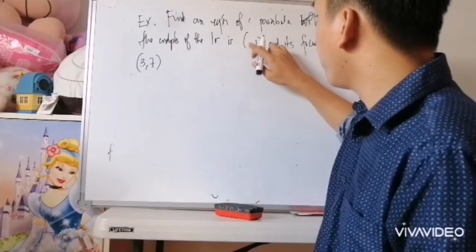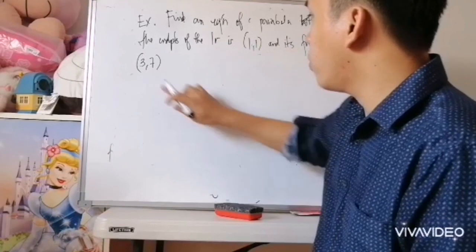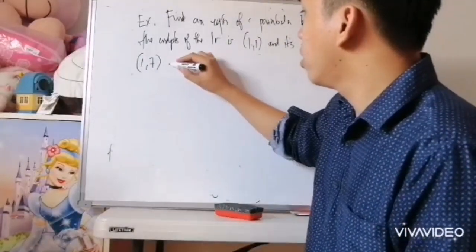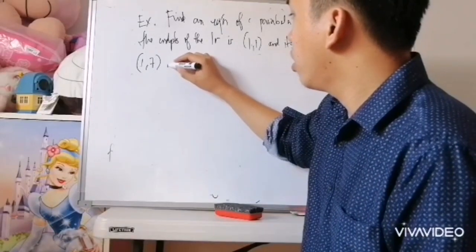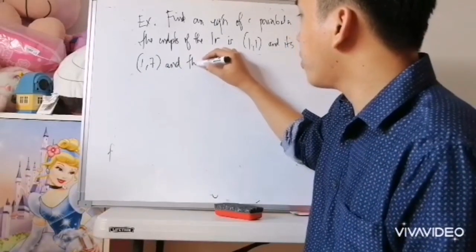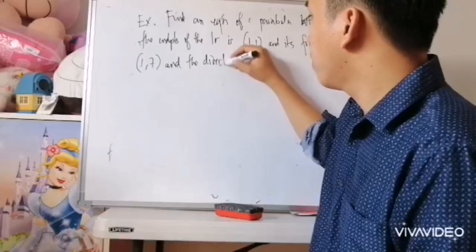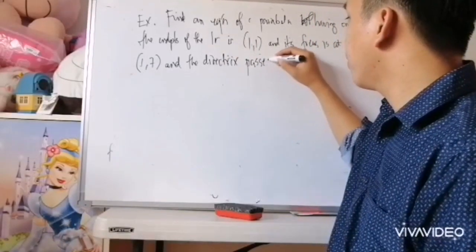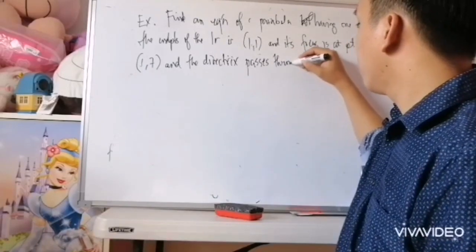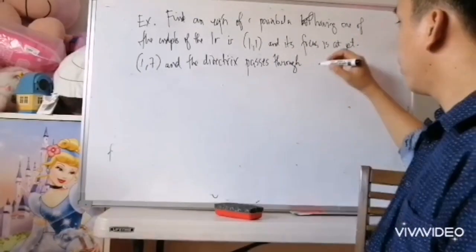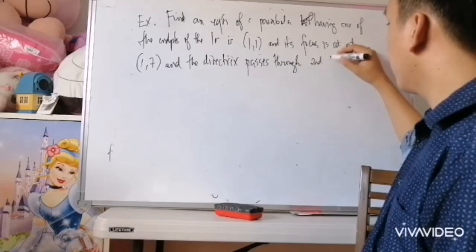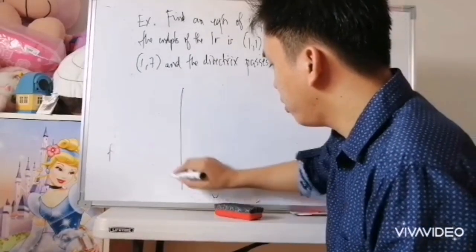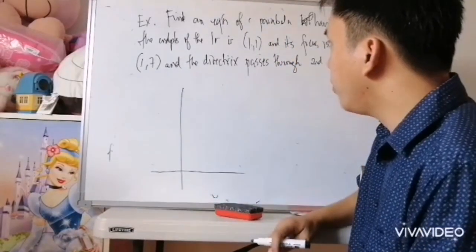Let's change this x coordinate to 1. And the directrix passes through the second quadrant. So let's imagine this way. How does your equation look like?